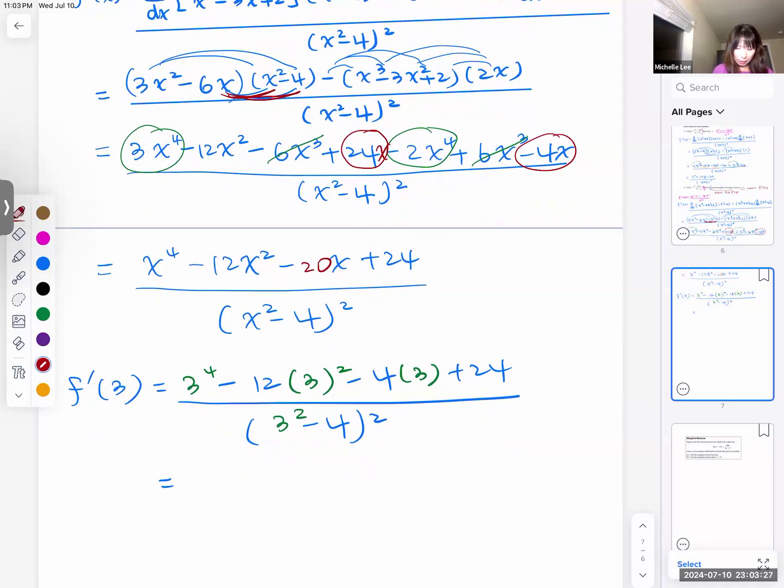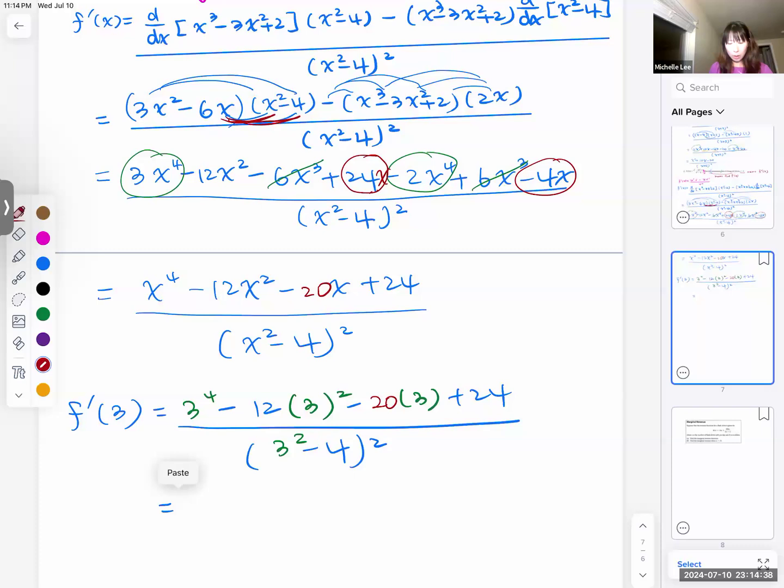So we have 20x. I hope this is correct. Let me calculate one more time. Okay, so I made a lot of mistakes. Sorry about that. Too messy. Here we have 24x, right?